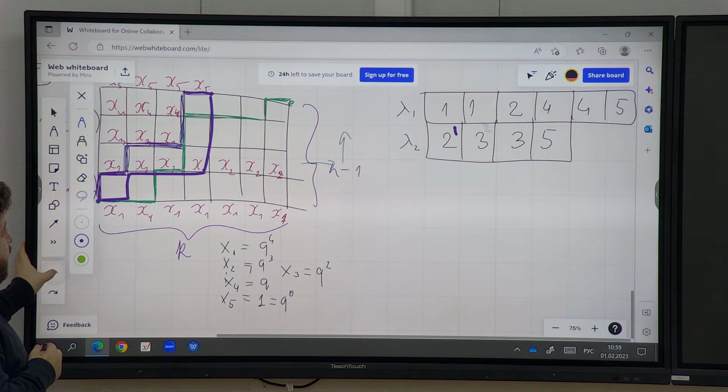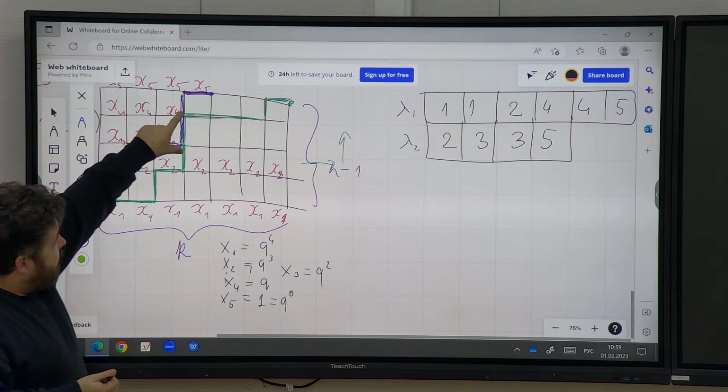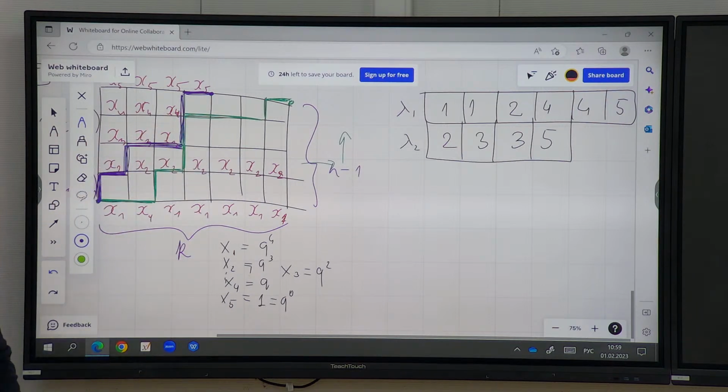So let me erase this bad situation and stick to the good one. So my paths kind of do not intersect. Well, I don't want to say they do not intersect at all, because here you see they have an interval in common, but actually that's something I want them not to have, at the end of the day.